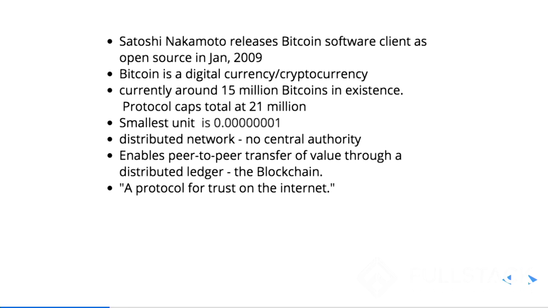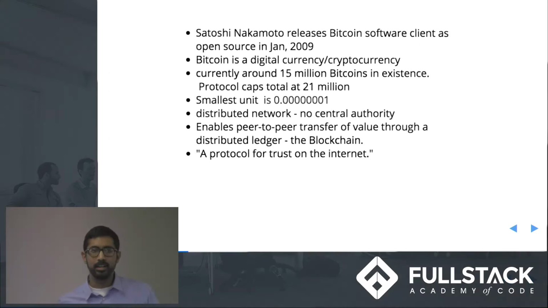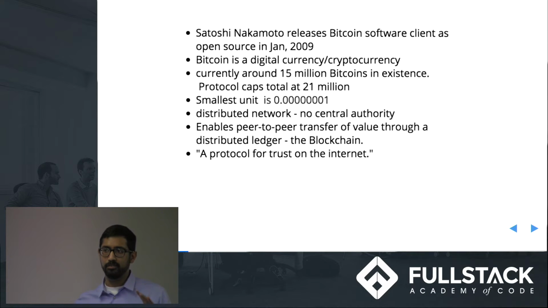Bitcoin runs on a distributed network with no central authority. Each node in the network maintains a copy of the ledger, the Bitcoin ledger, which is known as the blockchain. So this enables peer-to-peer transfer of value through the distributed ledger.